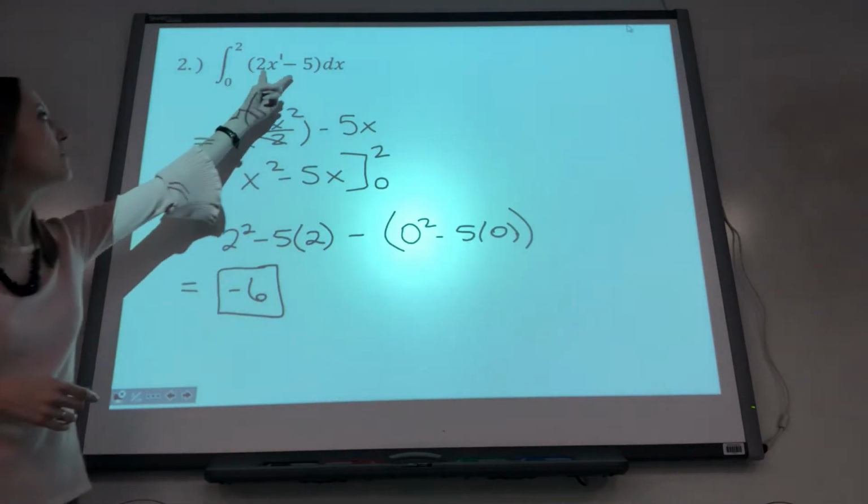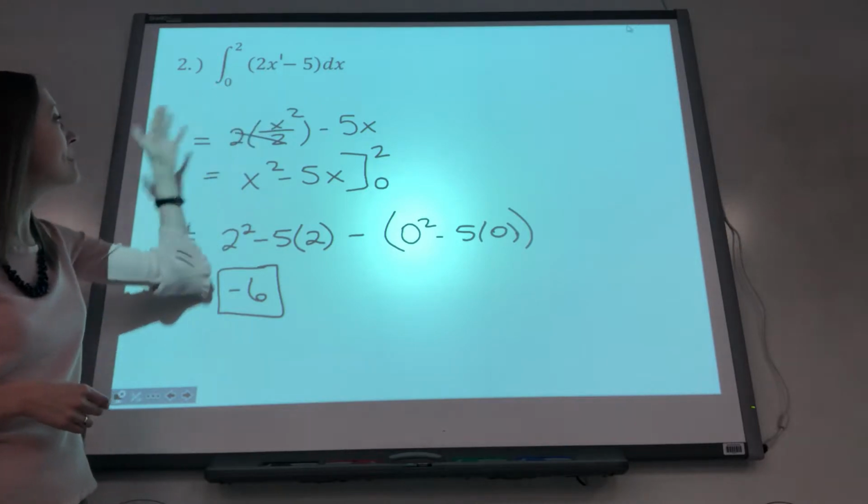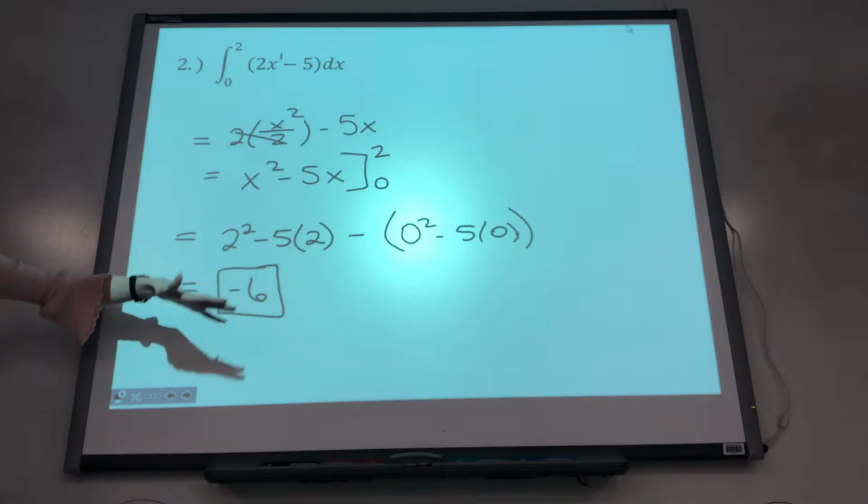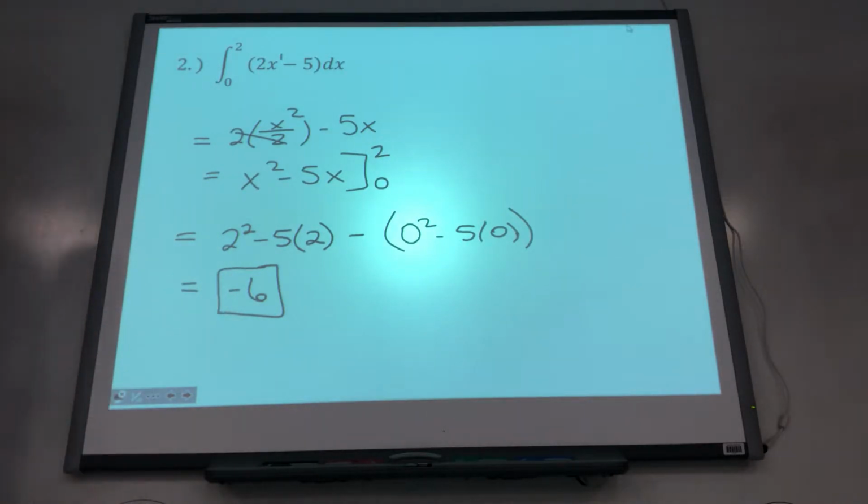You can graph it if you want. Only look between 0 and 2. And again, that area is actually below the x-axis. That's why we get back a negative. You don't really have to worry about that too much right now. Just leave it as negative. Sometimes that happens. Alrighty, any questions about that one?